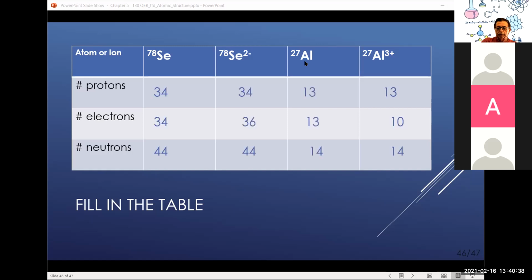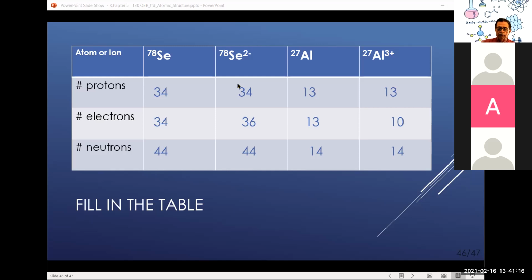Okay. So the protons for selenium, obviously, is 34 all the way across, regardless if we're working with the element or the ion, in this case, the anion. Where they differ, obviously, is the number of electrons. The element has 34 protons, 34 electrons. Se is in group 6. It is a nonmetal, so it will pick up 2 electrons, just like sulfur and oxygen, which are in the same group.